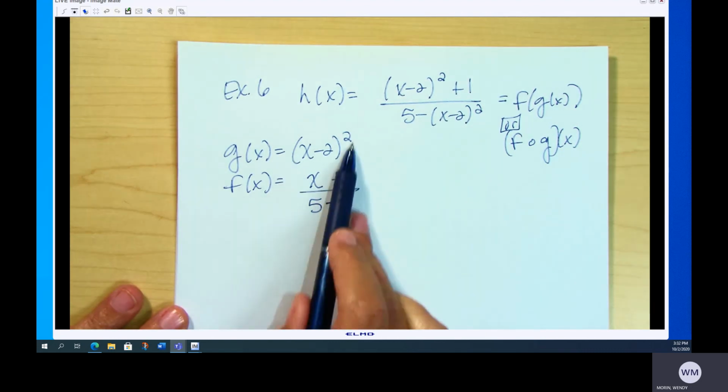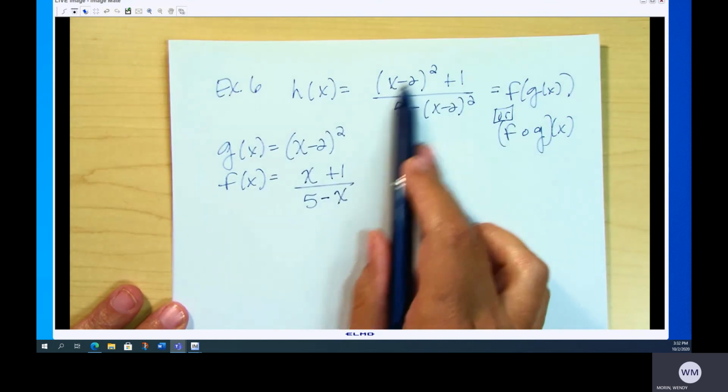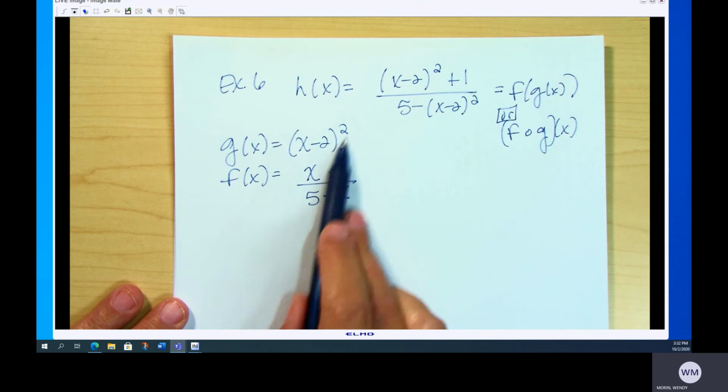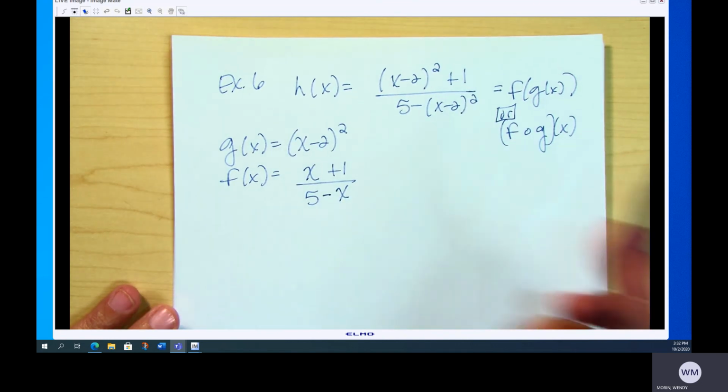If I substitute all of this in for x, I get this. So that's one possibility.